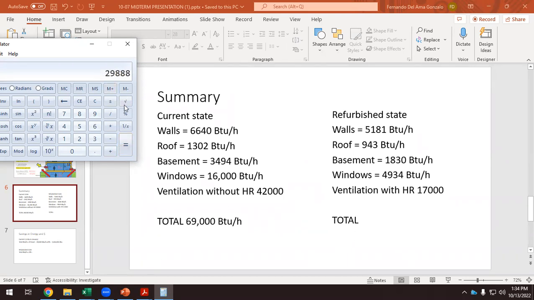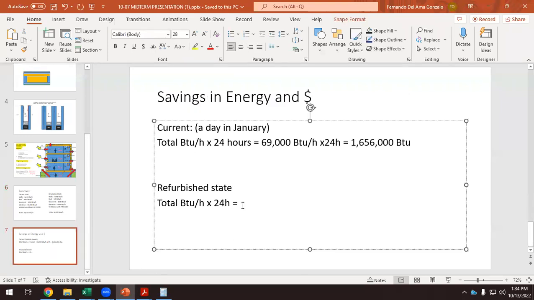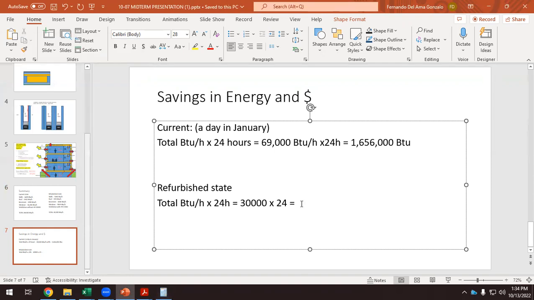Okay, so around 29,800, around 30,000 BTU per hour. So this is 30,000 times 24 equals 720,000 BTU.